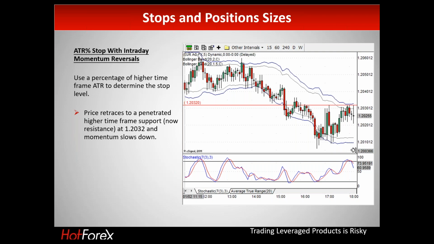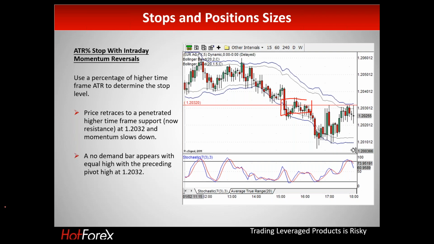So the price retraced to a penetrated higher time frame support, which now has turned into resistance because it moved here and then it tried to recover, it didn't manage, and it turned back down again. So now 120.32 has turned to somehow a resistance level.